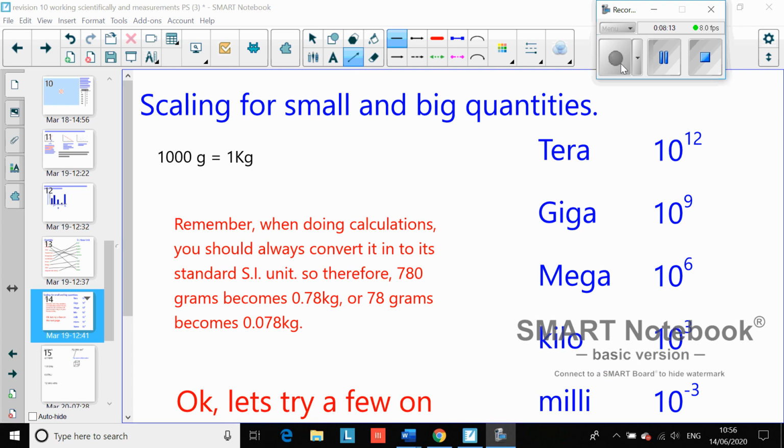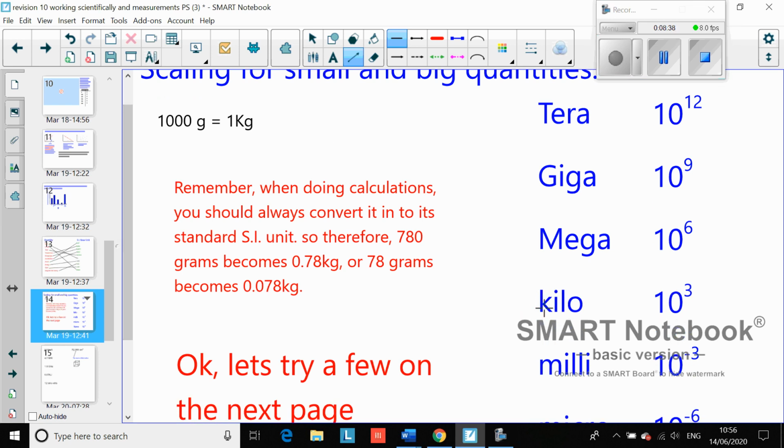Okay, welcome back. So one of the other skill sets that you need is learning how to write things in standard form, so scaling for small and big quantities. So, for example, if we have 1,000 grams, that is 1 kilogram. Now, if we look on here, kilo means 1,000, okay, 10 to the 3.